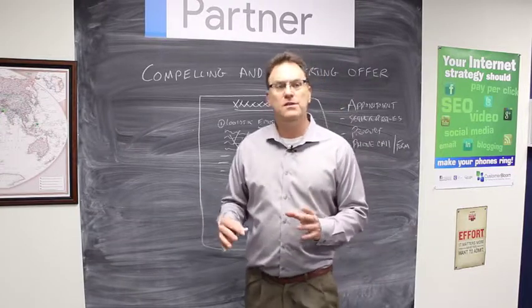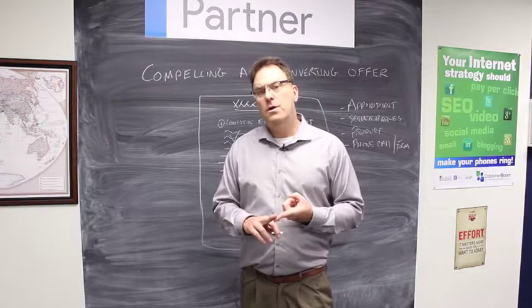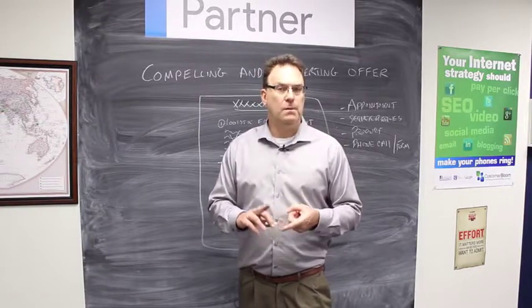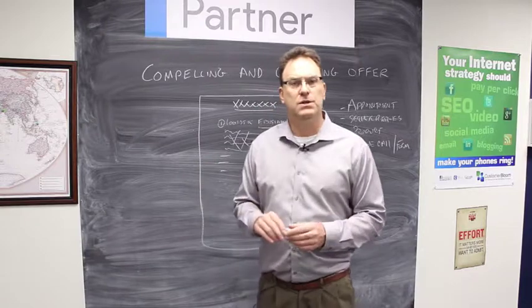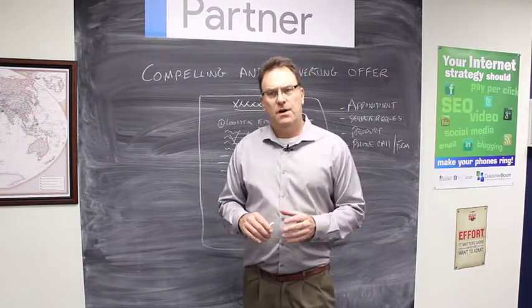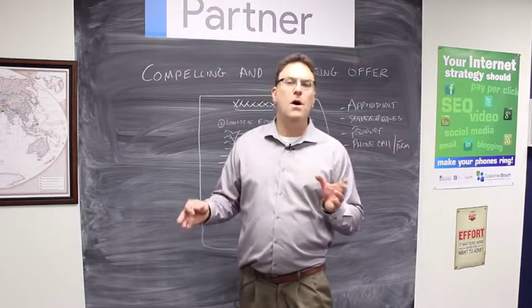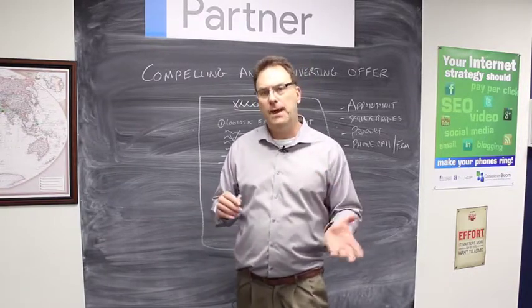Now, I want to make sure that this is a part of your thought process to get through the elements of a landing page, because it doesn't always need to be an offer that is money-driven or a percentage off or something of that nature, which is more related to the physical attributes of an offer. We can always do something that is either a guidebook, a report, a plan, a white paper.